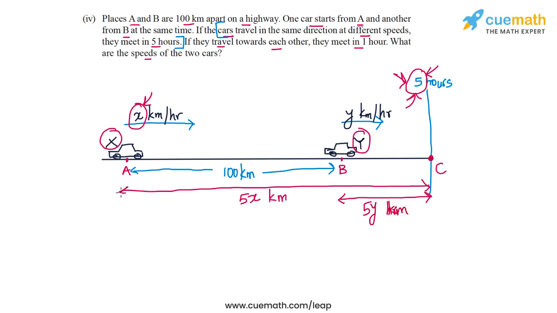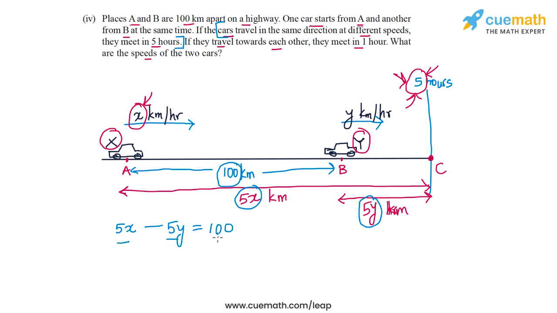So we have the distance from A to C as 5x kilometers, the distance from B to C as 5y kilometers, and we note that the distance from A to B is 100 kilometers. So from here we can make an equation easily in x and y. We note that AC, or 5x, minus BC, or 5y, should be equal to AB, or 100.